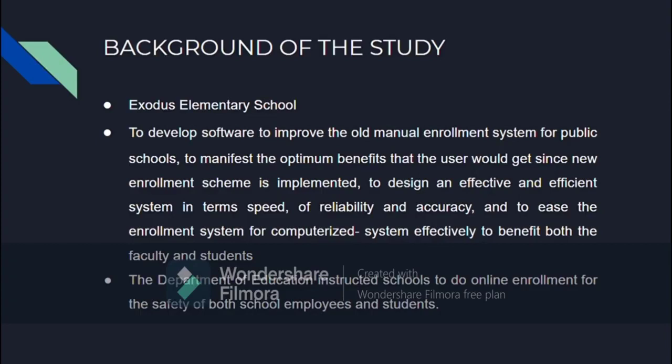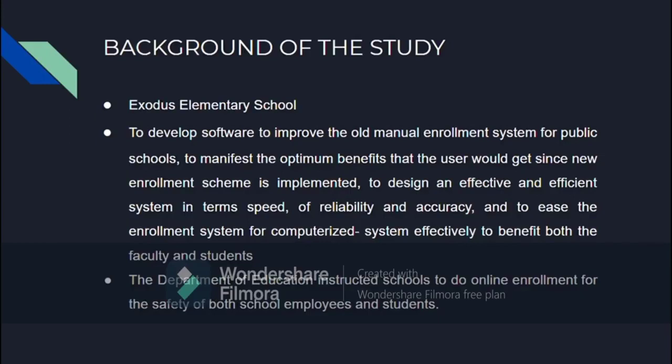This is for us to develop software to improve the old manual enrollment system for public schools, to manifest the optimum benefits that the user would get since the new enrollment scheme is implemented, to design an effective and efficient system in terms of speed, reliability and accuracy, and to ease the enrollment process through a computerized system effectively, to benefit both the faculty and the students.